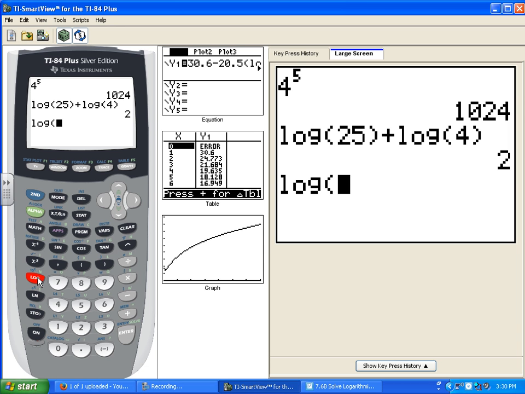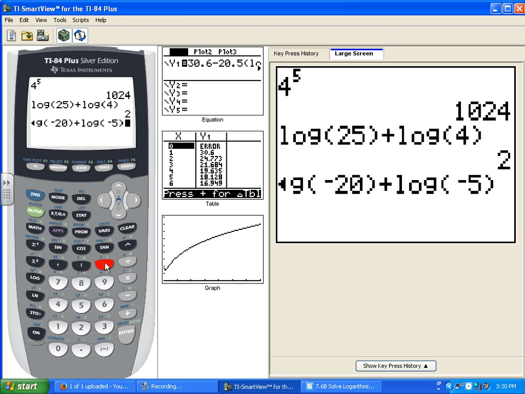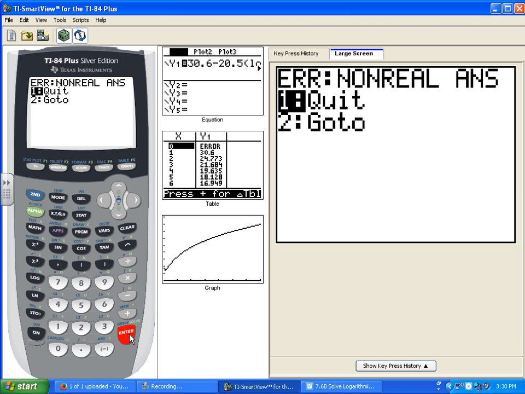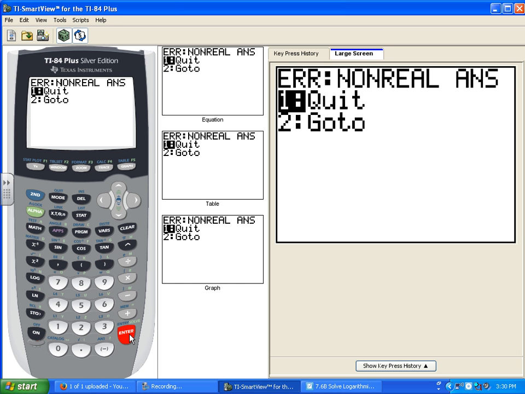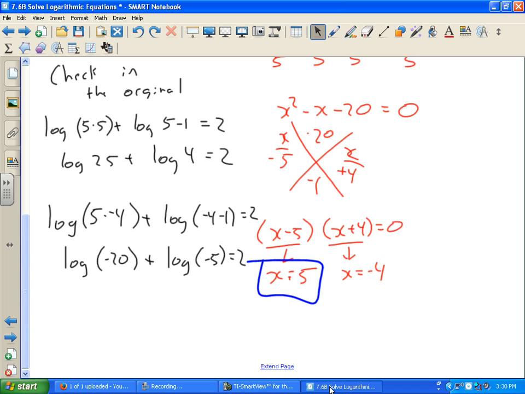Uh-oh. It just said I have an error. I have a non-real answer. What do you mean I have a non-real answer? I just got an answer. I got x equals negative 4.